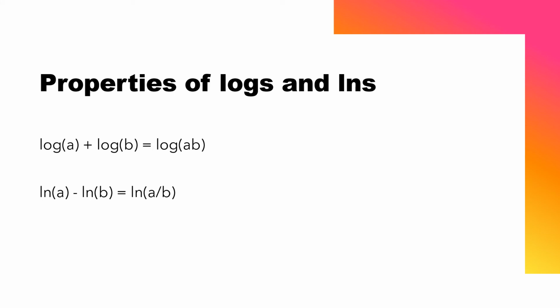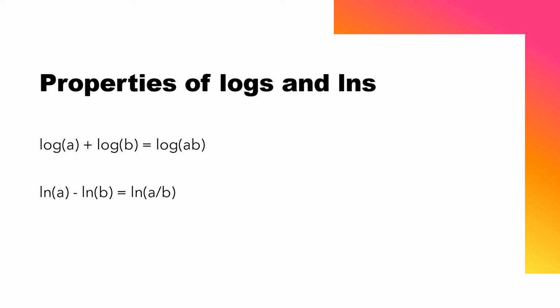Last slide. There are a couple properties of the log functions that are occasionally convenient. We don't use these a lot, but every once in a while it'll be convenient to have this. If you add two logs together, that's equal to the log of the product of the things that you were taking the logs of.